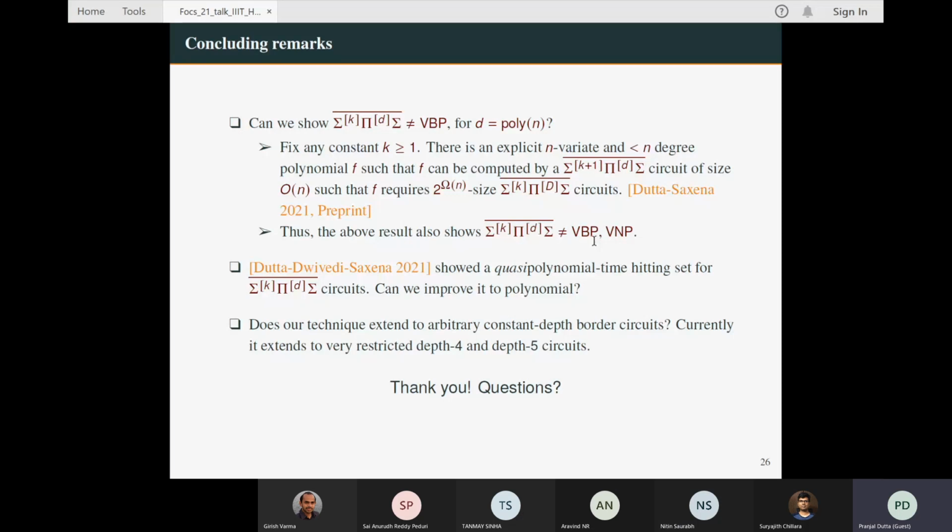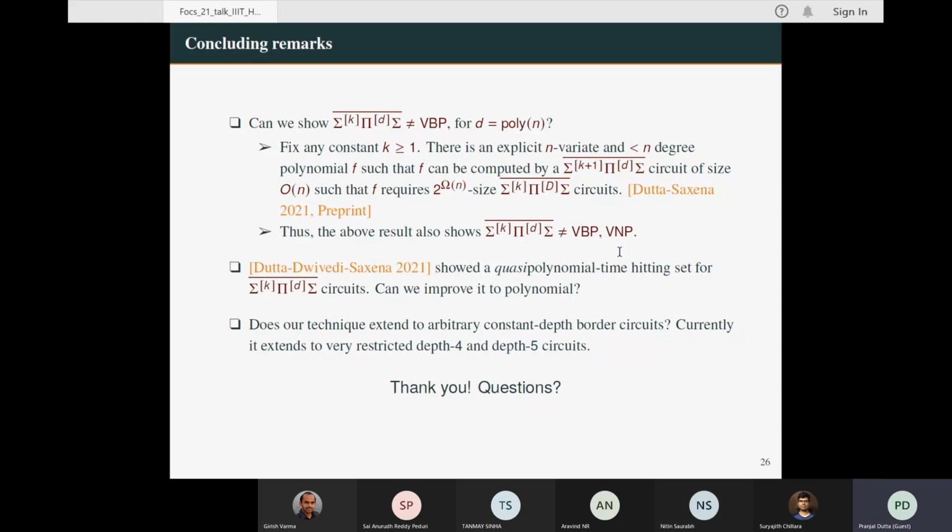But does it not follow? Because my k is constant, right? Let's say determinant. Even if you take determinant, the same proof will go through, just the symbolic determinant.